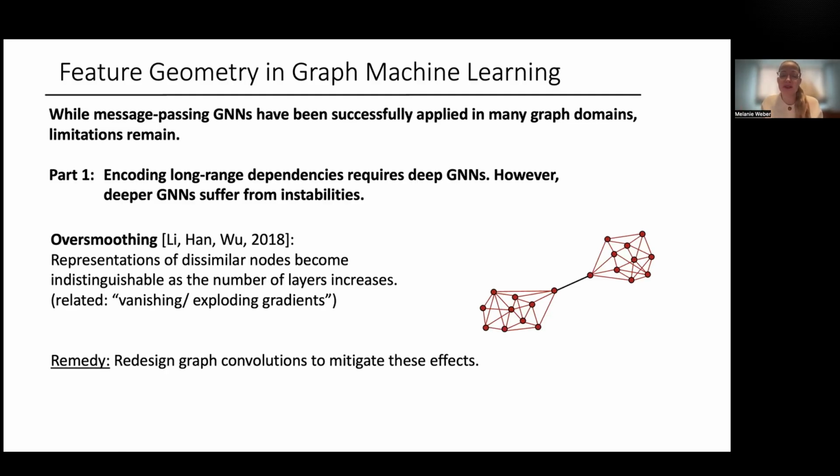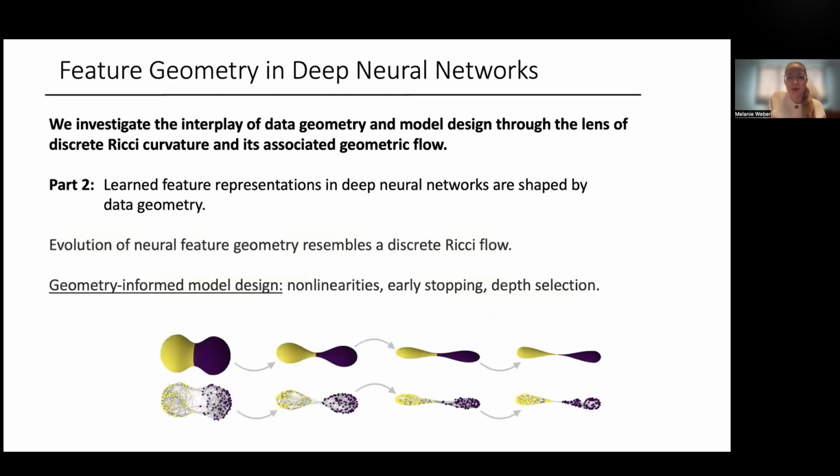And in the first part of the talk, we want to zoom in a bit more into this phenomenon of oversmoothing, and we want to talk about how to redesign the base layer of a graph neural network such that those oversmoothing effects are mitigated and in fact can provably not occur. So in particular, we want to redesign the way graph convolutions are done. And graph convolutions are one of the most popular ideas for implementing message passing graph neural networks. So this will be the first part of the talk.